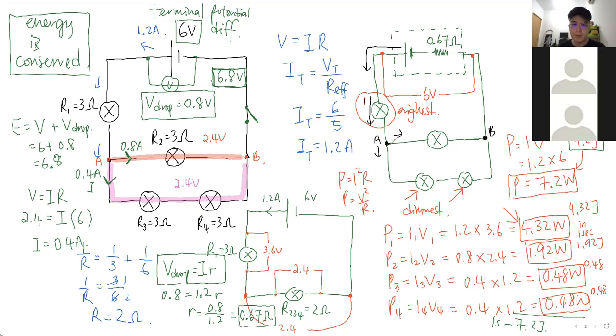The resistance of a parallel circuit, if you remember from the last lesson, is actually very small. The more branches you add, the smaller the resistance of that circuit. So if you calculate the effective resistance between AB, these three bulbs added together, R2, R3, R4, it is very small. It will be smaller than R1.